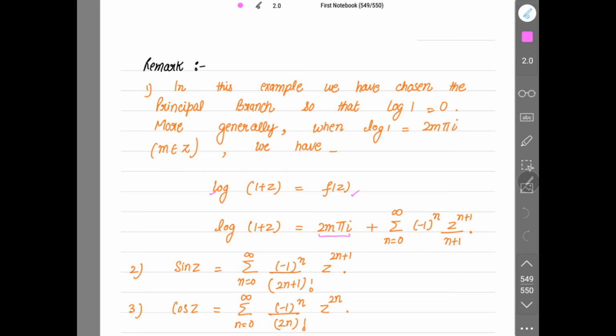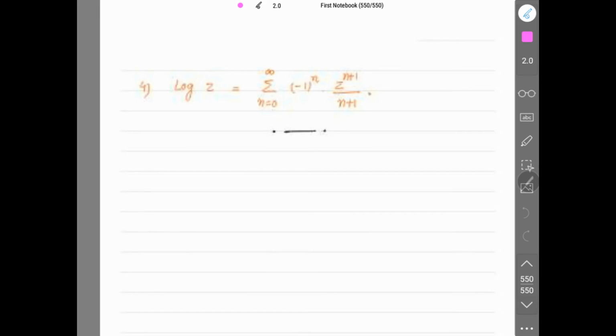Second remark is, if you look at your sine z function, you will get the result as summation n going from 0 to infinity minus 1 the power n over 2n plus 1 factorial into z the power 2n plus 1. For cos z, you will have summation n going from 0 to infinity minus 1 the power n over 2n factorial into z the power 2n, right?